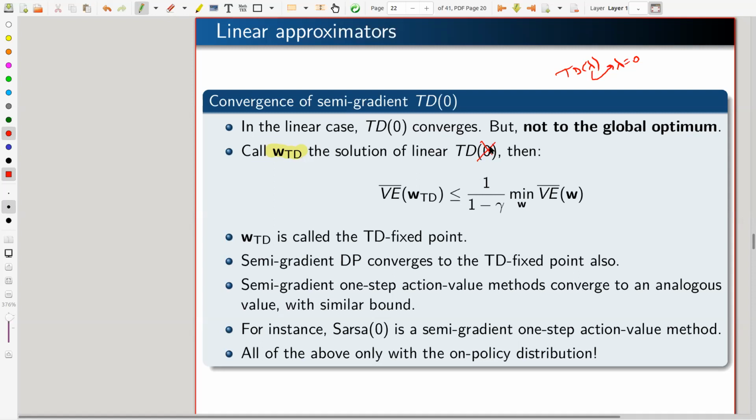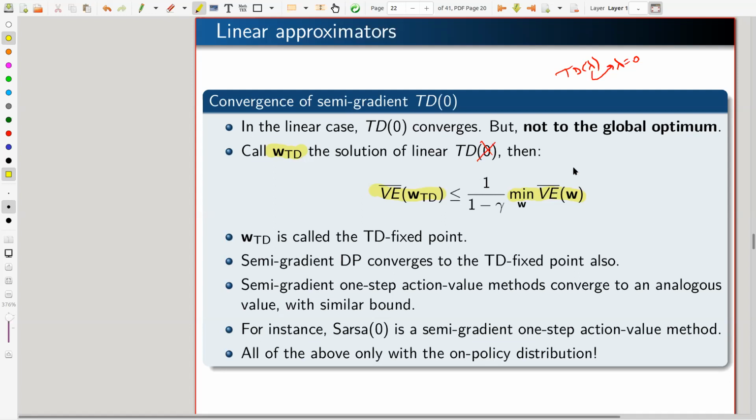Okay, going back to the convergence properties. If this is the solution of linear temporal difference, then we have an upper bound for this point. That is, if we compute the loss that we are trying to minimize in the solution given by the temporal difference methods, well, this is close to the minimum we can find with Monte Carlo methods, which is the optimal.